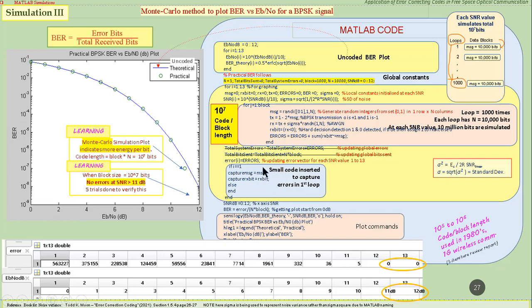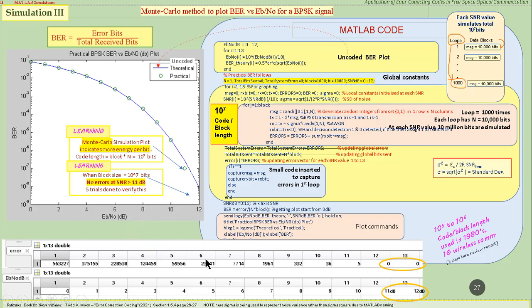And this small code I have attached to capture errors and show you the database live. I will generate an error vector which will store, at each decibel, the total errors that happened in the total block of bits sent.